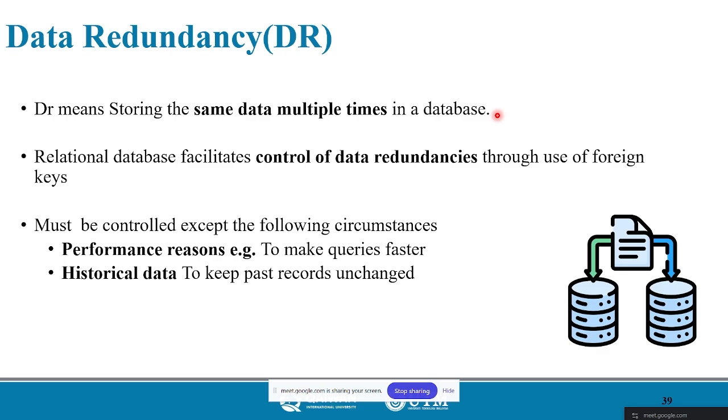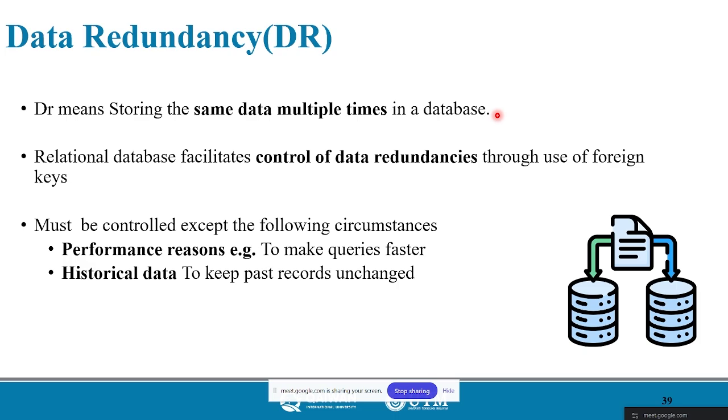Another one would be historical data, to keep past records unchanged. We have something in databases which we call a log. Now, a log for a system tells you, for example, that the system administrator changed the permission. The system administrator changed the permission again. The administrator changed the permission of, for example, user number one. In this case, we need it because this is history.